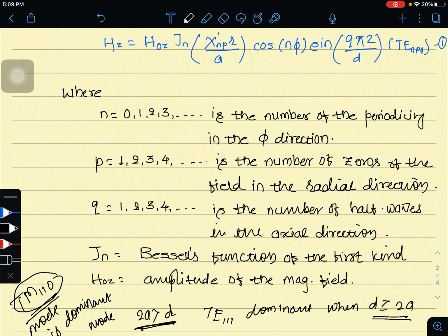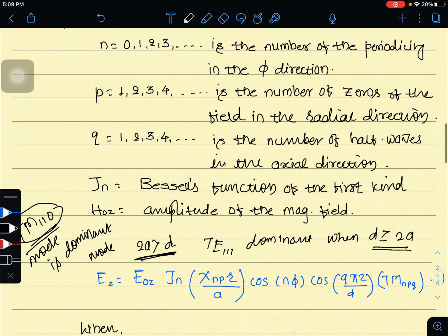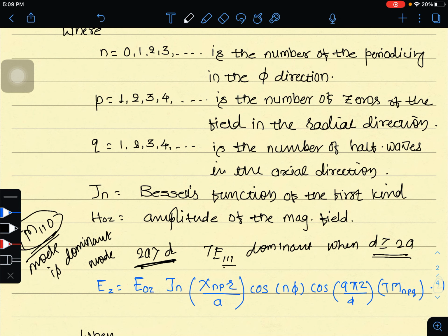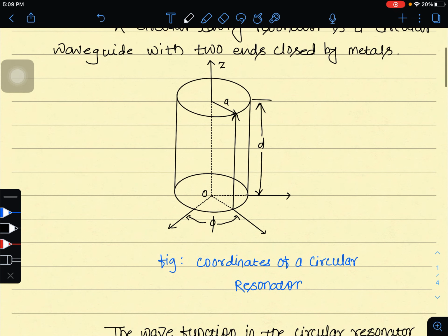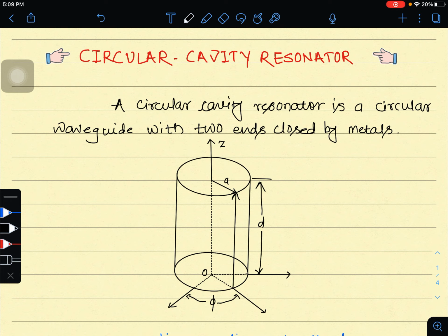That is the TM mode. And in the TE mode, it is 111. That means n, p and q are all 1, and D is greater than or equal to 2A. It is the complete explanation regarding the circular cavity resonator.